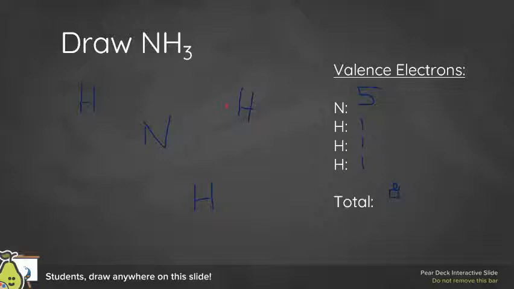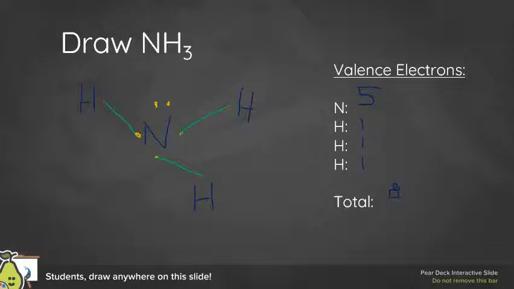We know that hydrogen each has 1, and nitrogen's actually going to have 5. When we draw our Lewis dot structure for nitrogen, we'd put 2 on one side and then 1 each on the other. Now we're going to make our bonds connecting nitrogen to hydrogen. We're going to draw it like that.